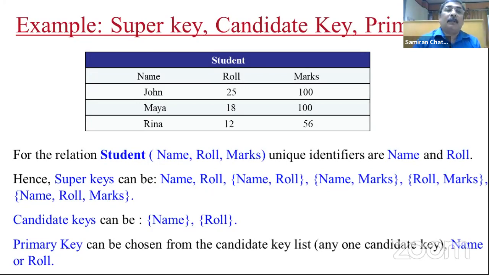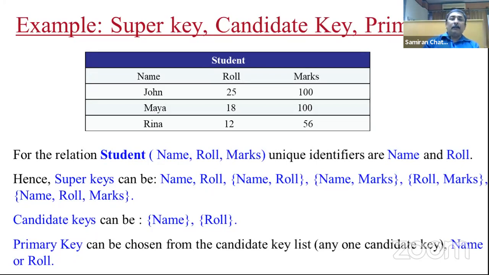Because if the name is John, then there is no other row in this particular table where John occurs. Similarly, if I say Maya, there is no other row in this table where Maya occurs. So if I say the name is John, I come to a unique row of this table. If I say Maya, I come to a unique student in this table.